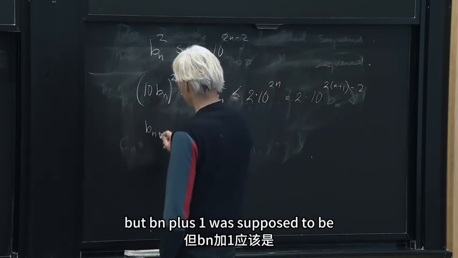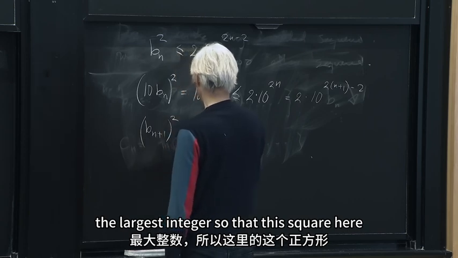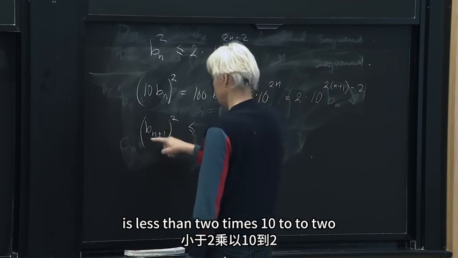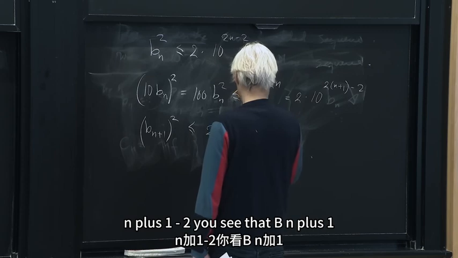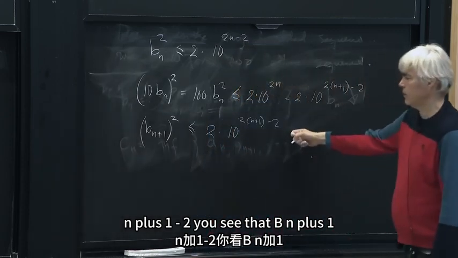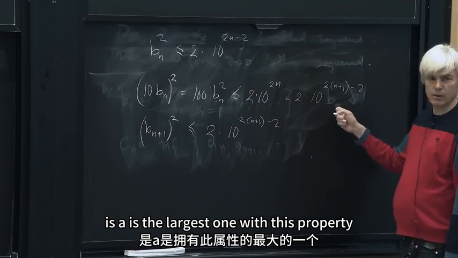But Bn plus 1 was supposed to be the largest integer so that the square here is less than 2 times 10 to the 2n plus 1 minus 2. So you see that Bn plus 1 is the largest one with this property.